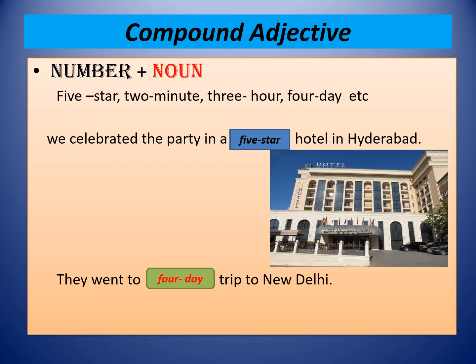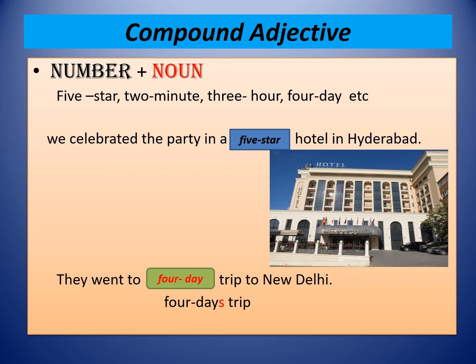2-minutes, wrong. 3-hours, wrong. 4-days, wrong. So if we use 4-days trip, that means we are using a plural noun after the number 4.